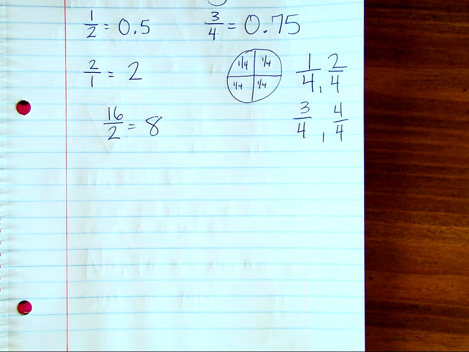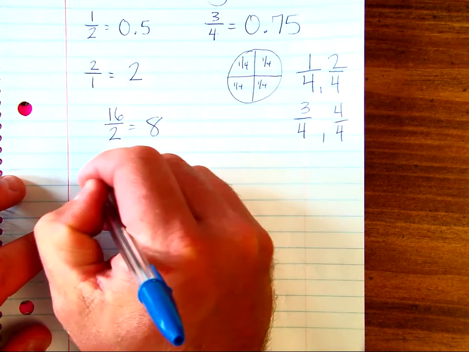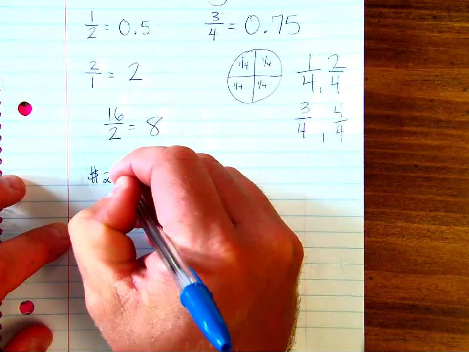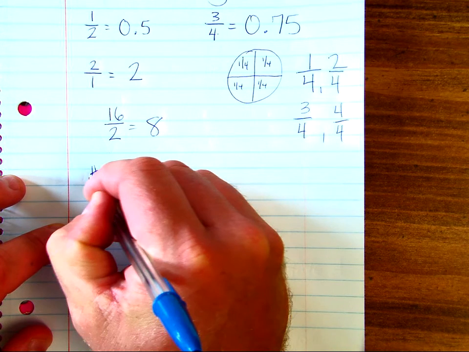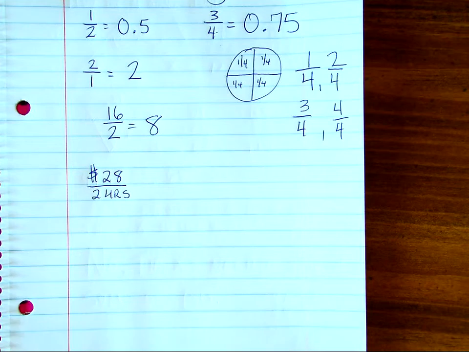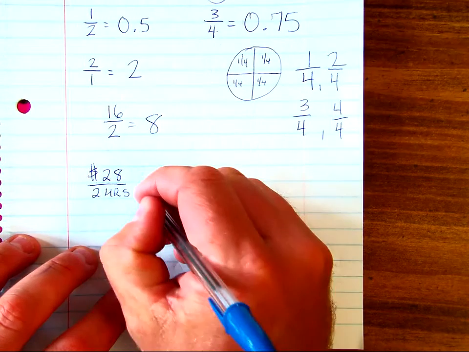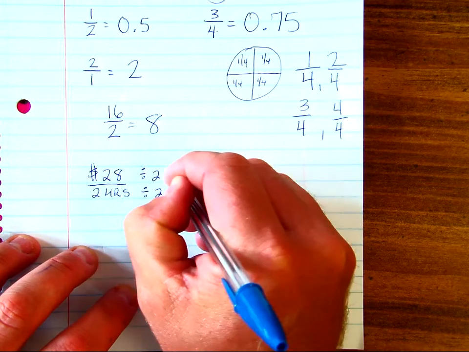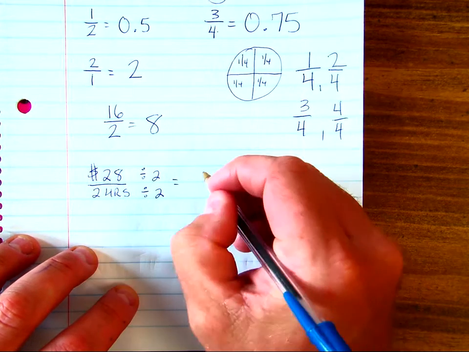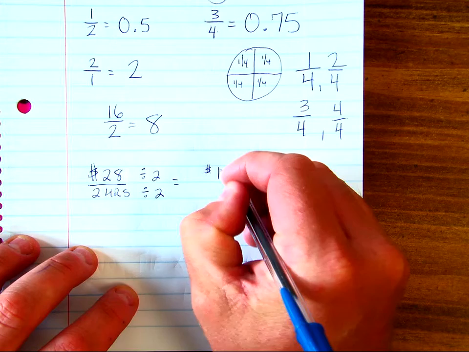Last week, I gave you guys this problem. And what did you do? You divided this by 2, divided that by 2, 28 divided by 2 is 14.